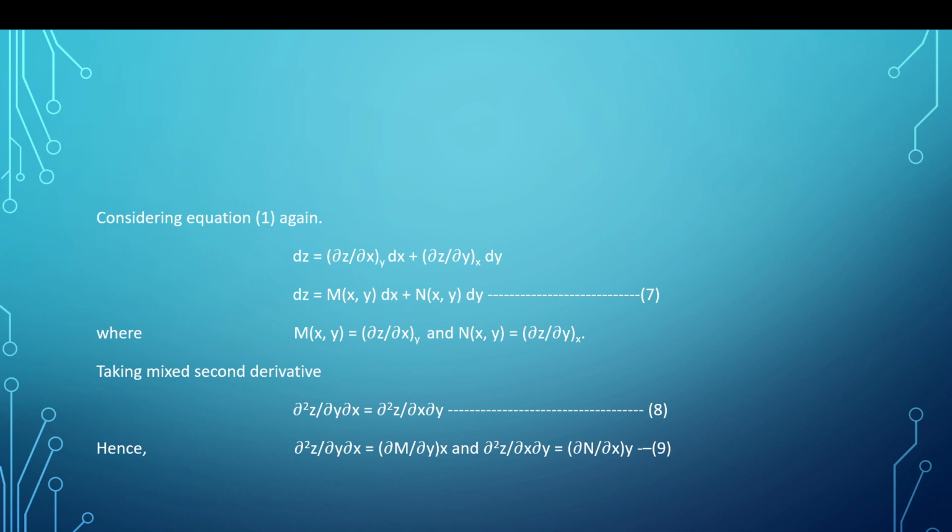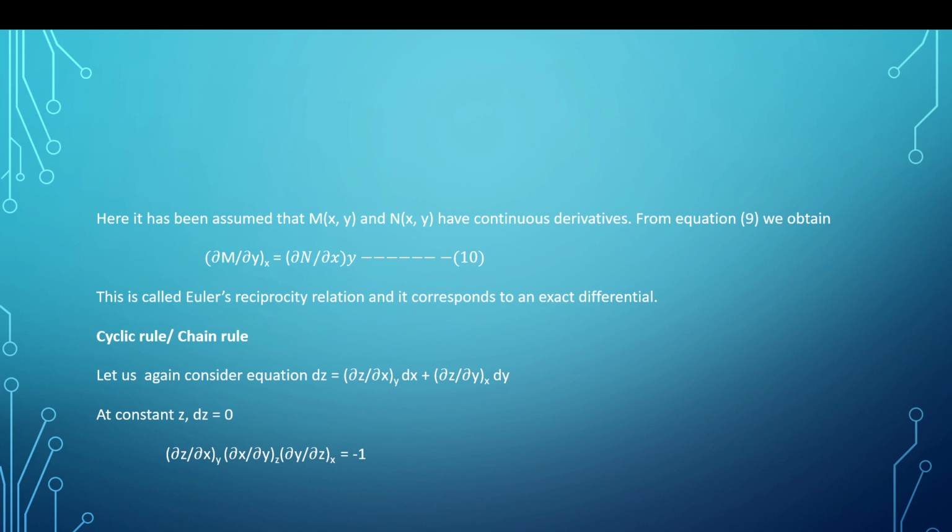Taking next the second derivative, ∂²z/∂y∂x equal to ∂²z/∂x∂y. Hence, ∂²z/∂y∂x equal to (∂M/∂y) holding x, and ∂²z/∂x∂y equal to (∂N/∂x) holding y.